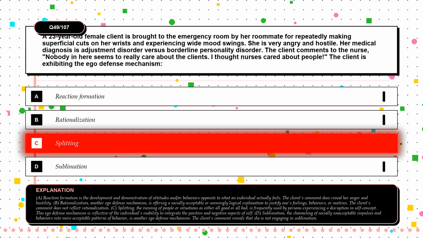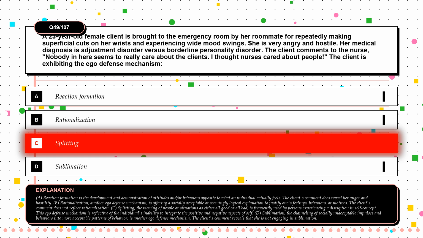B. Rationalization, another ego defense mechanism, is offering a socially acceptable or seemingly logical explanation to justify one's feelings, behaviors, or motives. The client's comment does not reflect rationalization. C. Splitting, the viewing of people or situations as either all good or all bad, is frequently used by persons experiencing a disruption in self-concept.